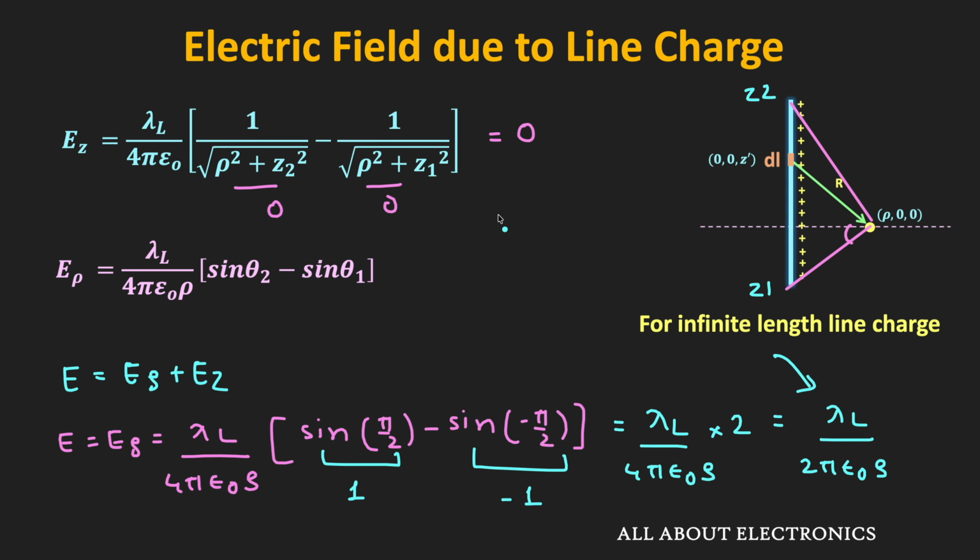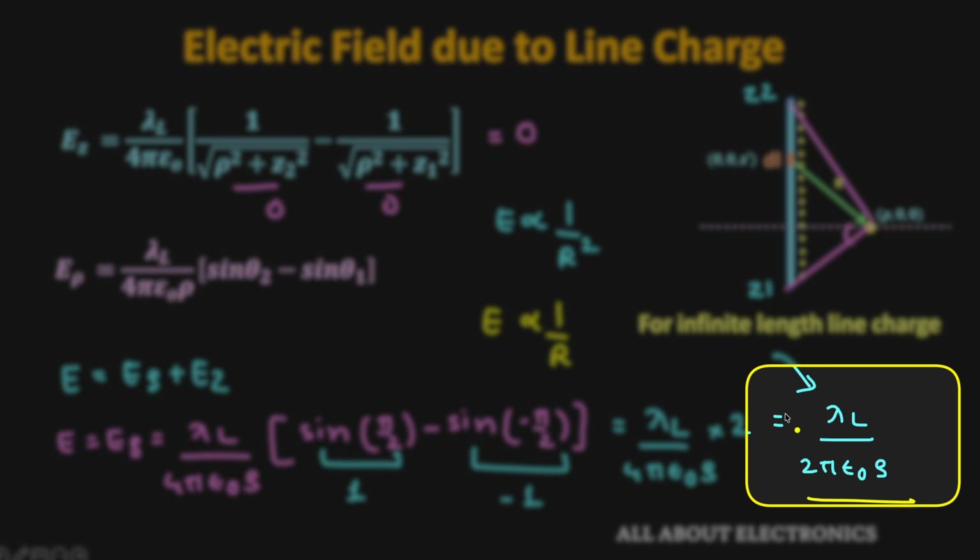That means in case of the point charge, the electric field intensity was inversely proportional to r square. While in case of the line charge, it is proportional to 1 by r. So that is the difference we are seeing between the point charge and the line charge expression. So in short, for the infinite length line charge, this is the expression of the electric field intensity.